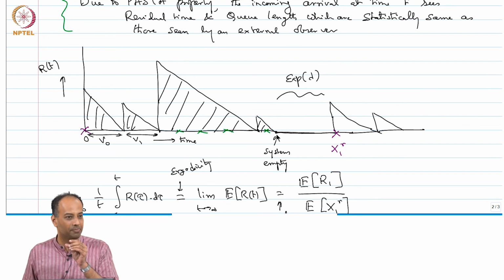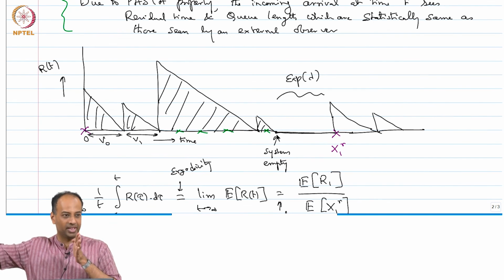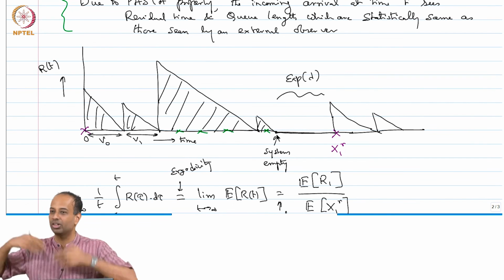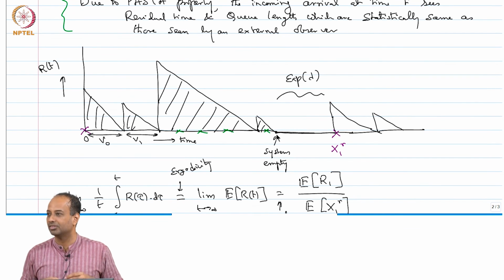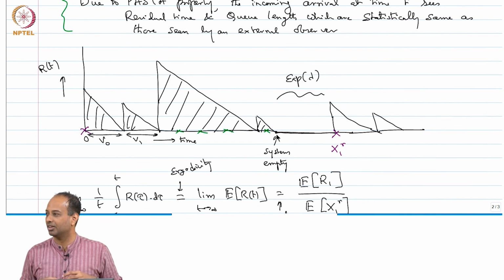smaller service times, right. So, when a particularly large customer or a large file is being served, you will have a lot of customers coming, correct, and they will all be held up by this very large file, very large customer, right.